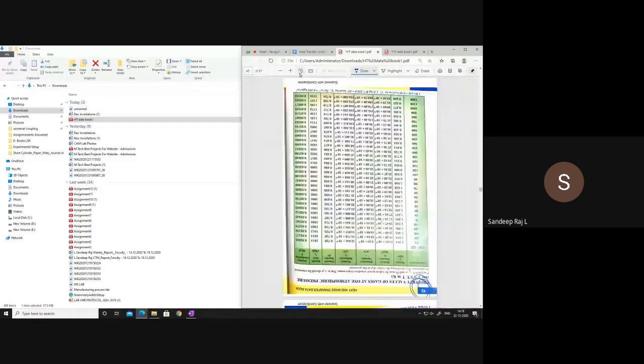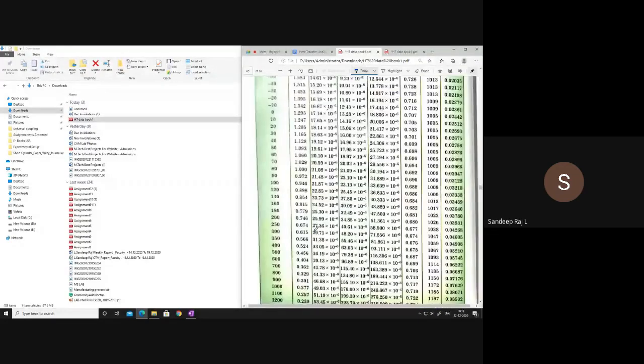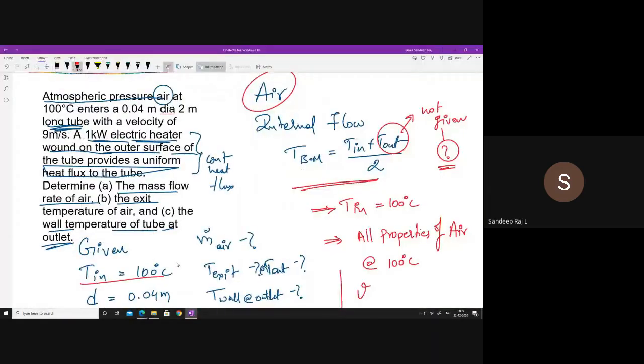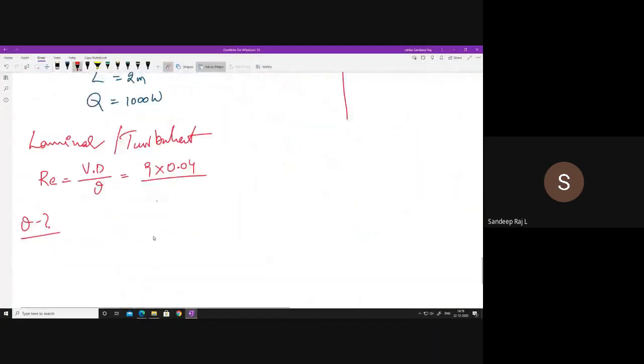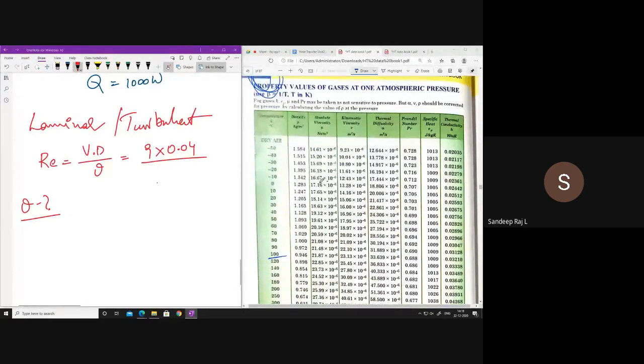Let me rotate this properly. Yeah, here we go. For 100 degrees centigrade, you need values. The 100 is directly available to you, so you need not go for any interpolation. You can directly write the nu value here. The third column is nu. This one, 23.13 into 10 to the power of minus 6.